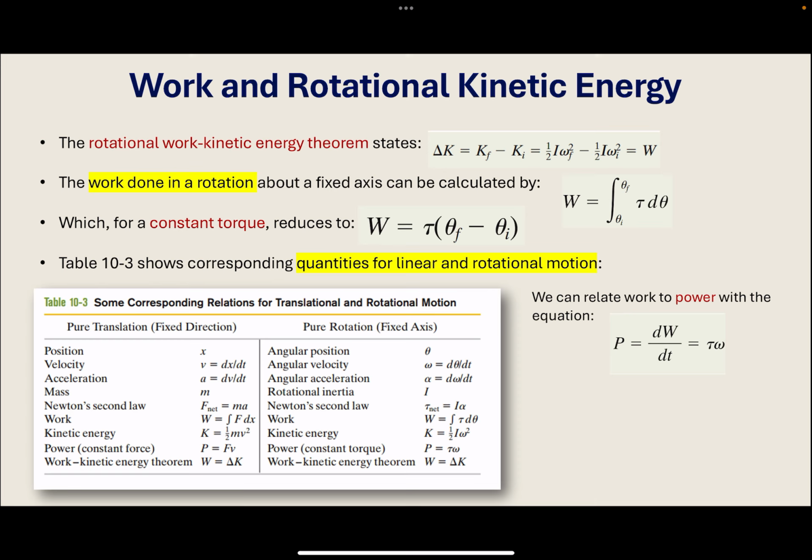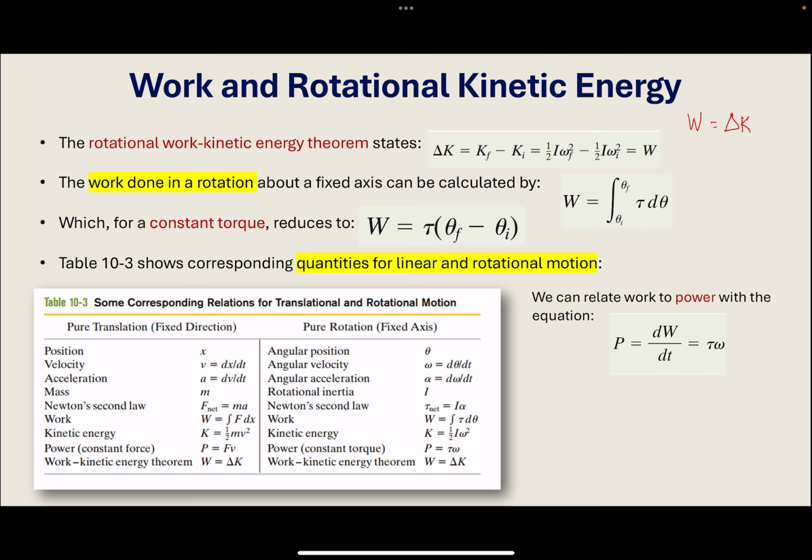And finally, we reach the final part of rotational dynamics, the relationship between work and rotational kinetic energy. From linear motion, we already know that work W equals delta K, which means the work done by a force equals the change in kinetic energy.